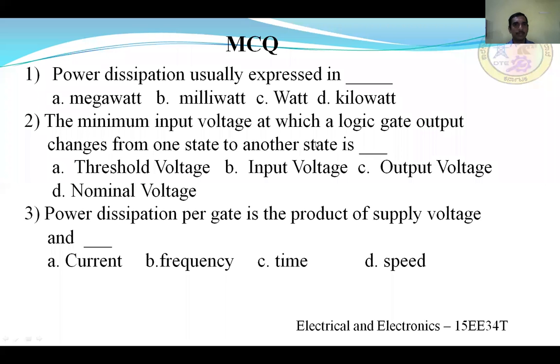We'll see question number 2. The minimum input voltage at which a logic gate output changes from one state to another state is dash. Option A is threshold voltage, option B is input voltage, option C is output voltage, and option D is nominal voltage. Which voltage will cause this state change?